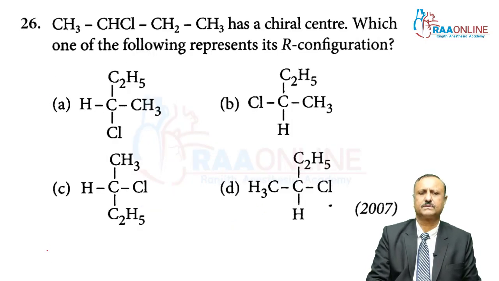Here, my dear students, CH3CHClCH2CH3 has a chiral center. Yes, this is the chiral center here. Which one of the following represents the R configuration? What is the concept of R configuration?